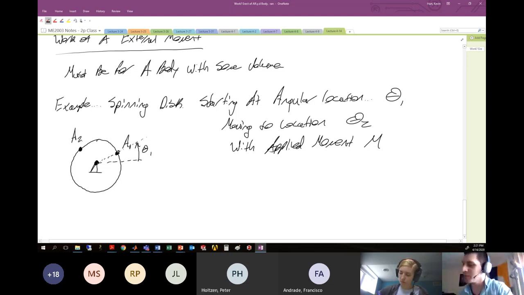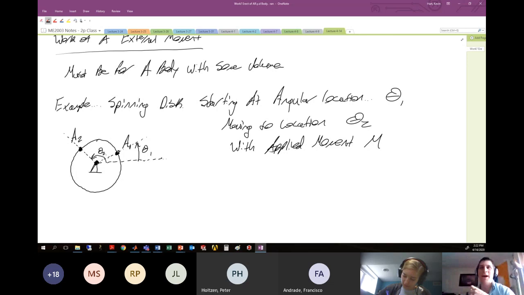Let's call it A2, where we have now spun about this pin to angular location number 2. Such a slippery writing pad. You get the point, all the way here. I can't go on the outside, it's too far. All right, so from theta 1 to theta 2.